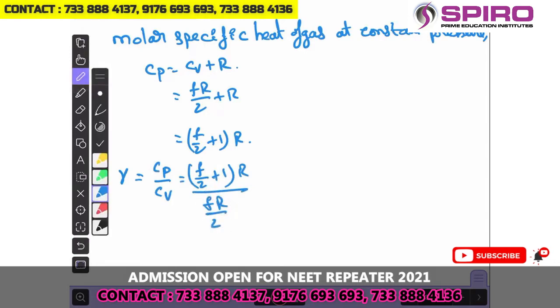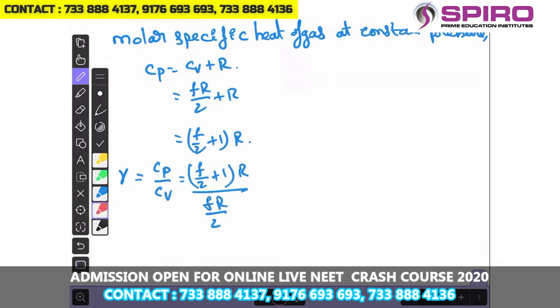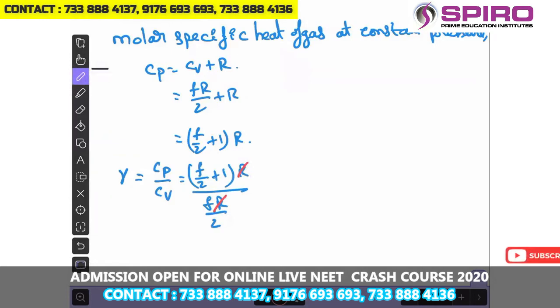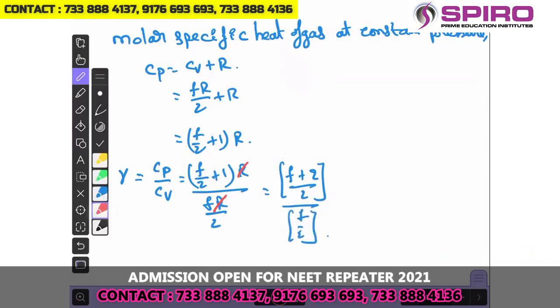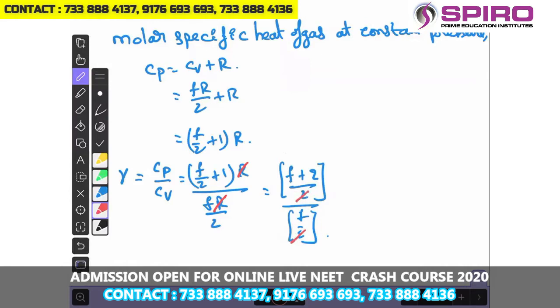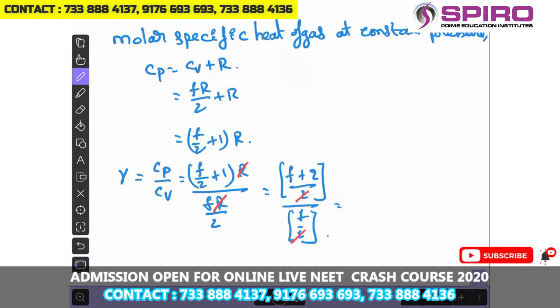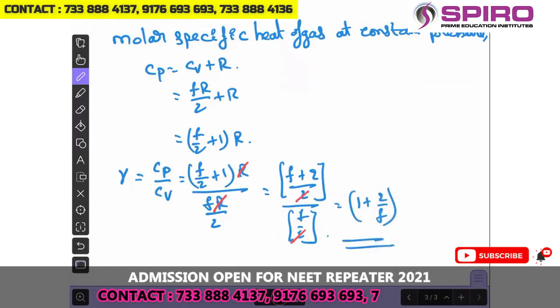By dividing these two, R gets cancelled, and this becomes (f plus 2) divided by 2, whole divided by f by 2. To simplify, the 2s get cancelled, and the remaining is f by 2 plus 2 by f, which can be written as 1 plus 2 by f. Like this you can understand the ratio of Cp and Cv.